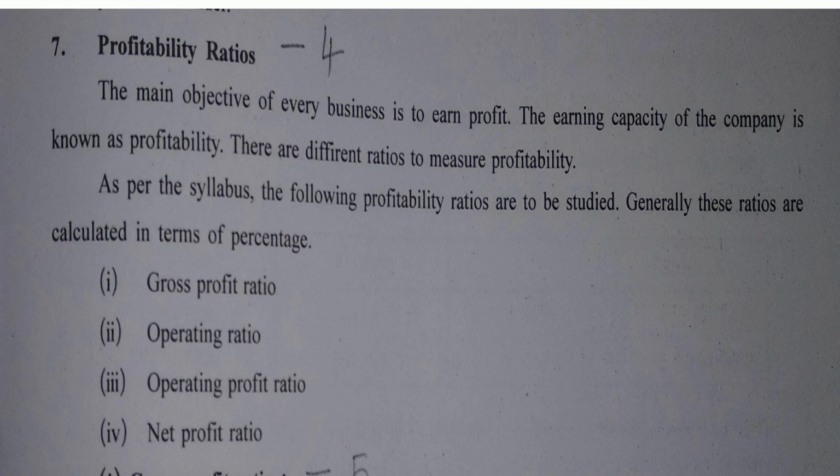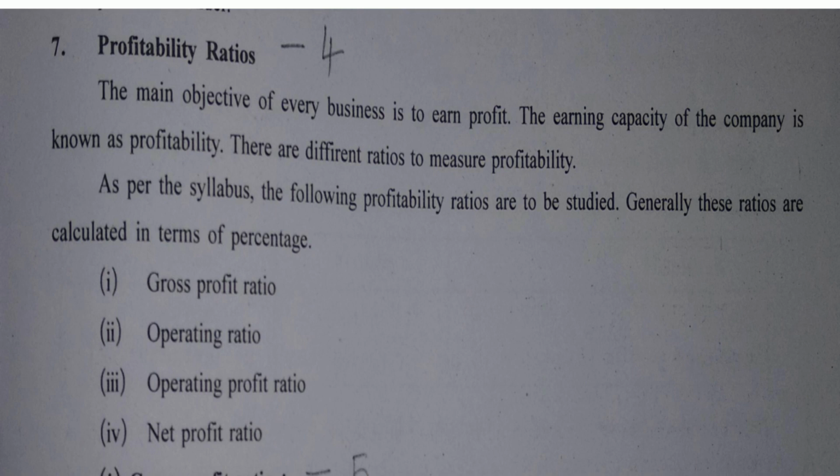Then the most important thing is here. You will give the heading profitability ratios and you will write down the names of these ratios: gross profit ratio, operating profit ratio, net profit ratio.